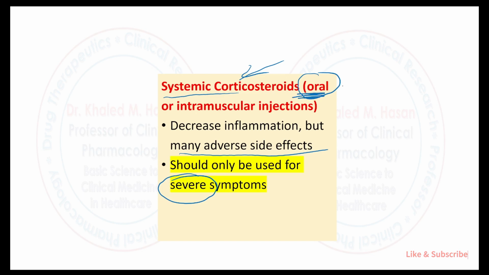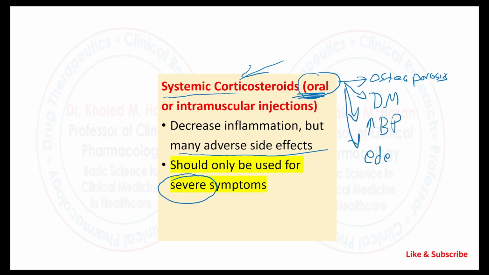Please remember that, because if you use oral or injectable, this will lead to osteoporosis, diabetes, increased blood pressure, edema, and cataract. So we have so many side effects coming from cortisone. We don't recommend oral, but we can use it only for severe cases and for a limited time.